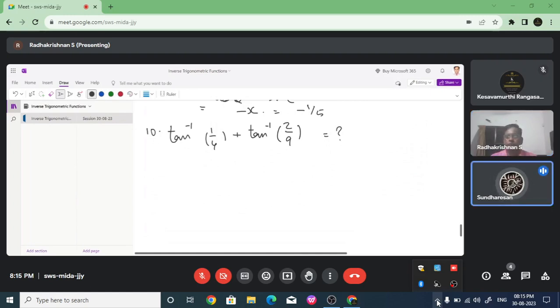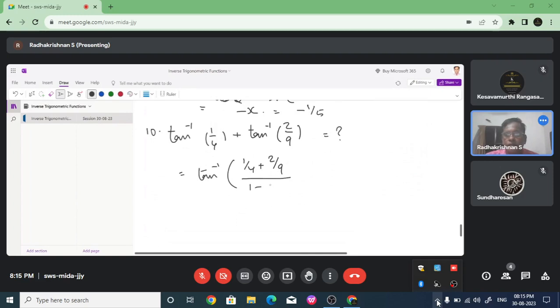Tan inverse x plus tan inverse y is tan inverse of x plus y by 1 minus xy. Correct. That's what you have to do. So this is equal to tan inverse of x plus y divided by 1 minus xy.